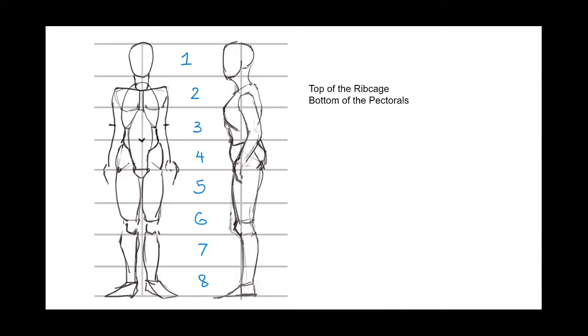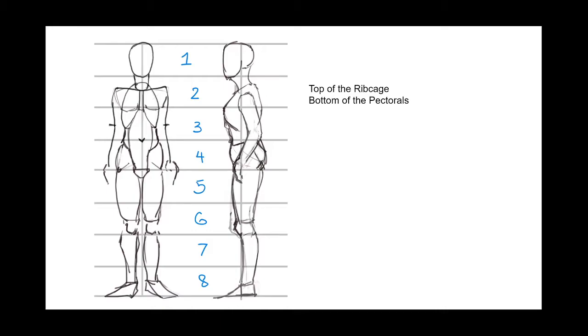That's much easier than going, okay, what's half of 7.5 heads? Okay, where's 3.25? So for the human body, we're going to say it's 8 heads.